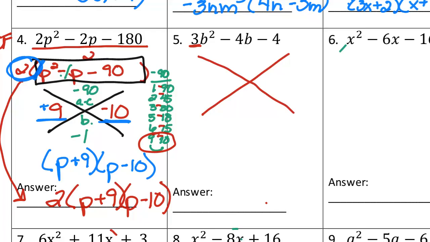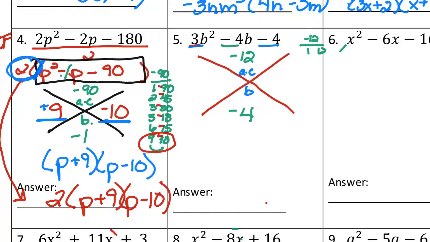No, so we need to do the whole thing with factor by grouping, okay? Still need to do the x. A times c, 3 times negative 4 gives negative 12. B is negative 4. So I need factors of negative 12 that add to negative 4.